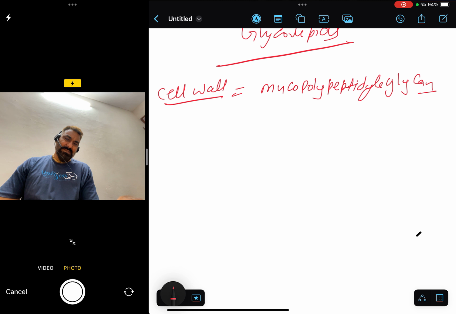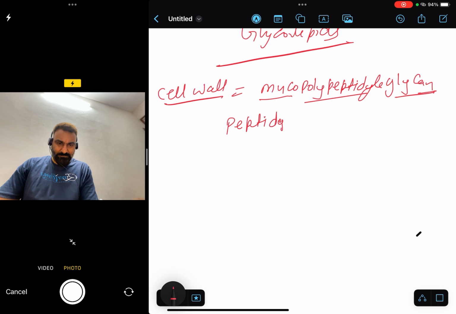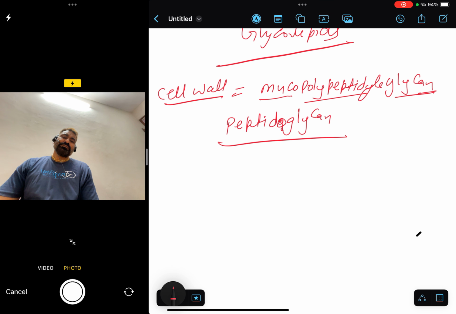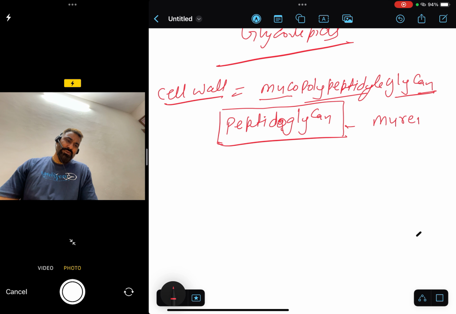As the name describes, mucus, polypeptide means protein, glycan means sugar, or simply it is known as peptidoglycan, or commonly it is known as murein.